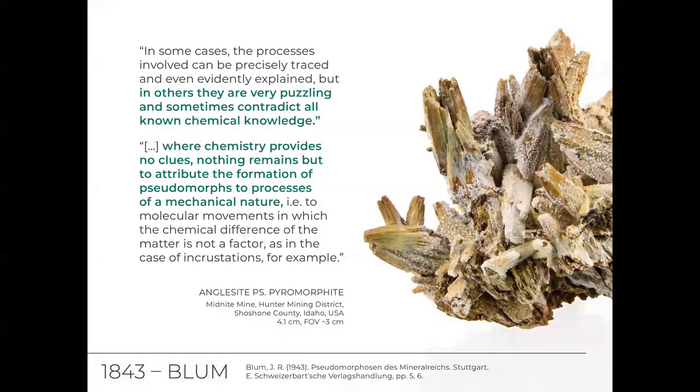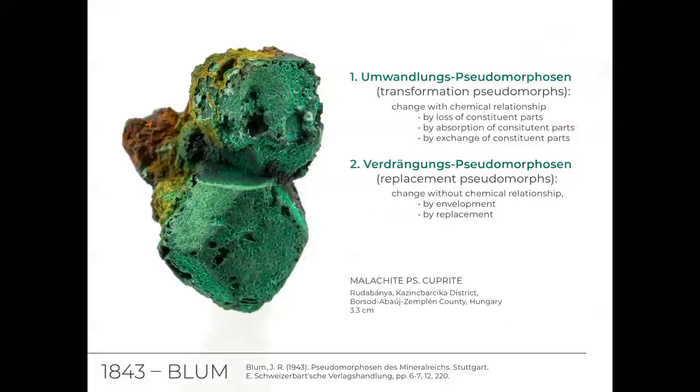Blum acknowledges that some pseudomorphs contradict all chemical knowledge. To address the problem of pseudomorphs with no chemical relationship, he suggests that maybe mechanical processes are responsible. Using those thoughts, he classifies pseudomorphs into transformation pseudomorphs, those with a chemical relationship, and replacement pseudomorphs, which are those without. Note that Umwandlung translates as transformation or conversion. Verdrängung translates to replacement or displacement.